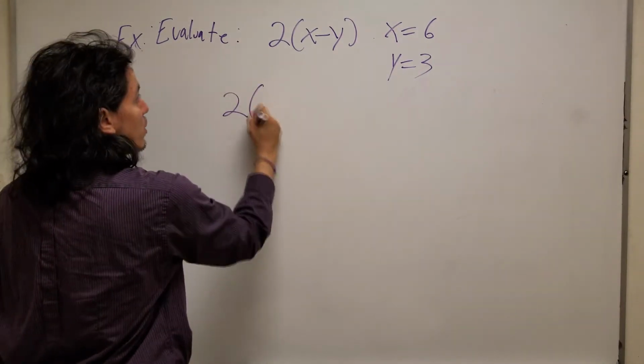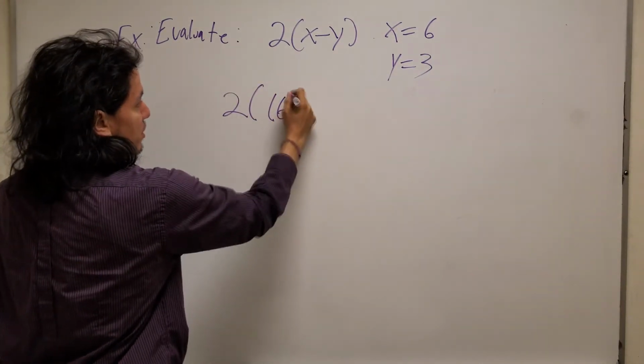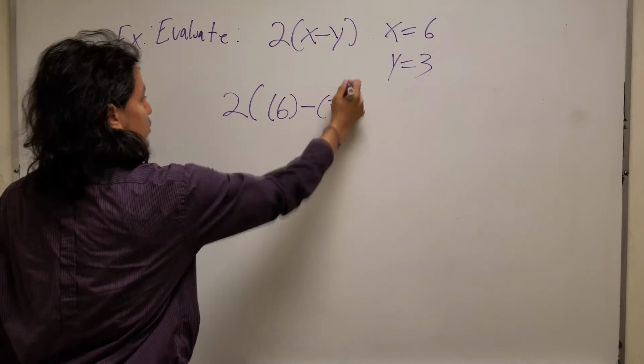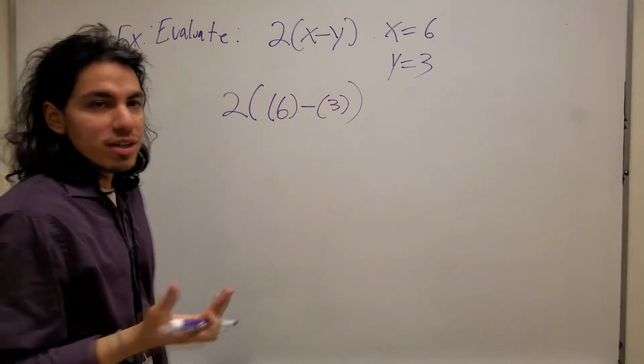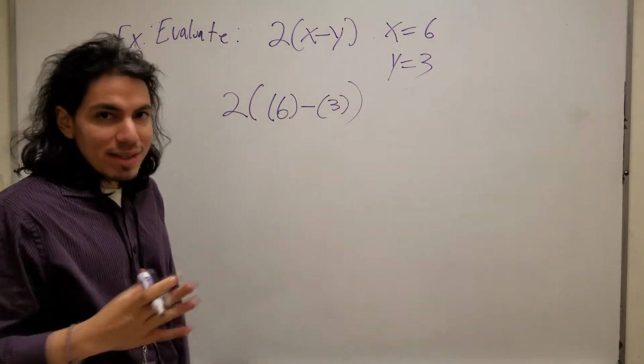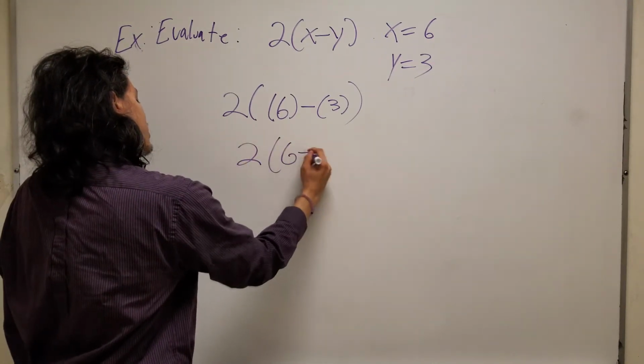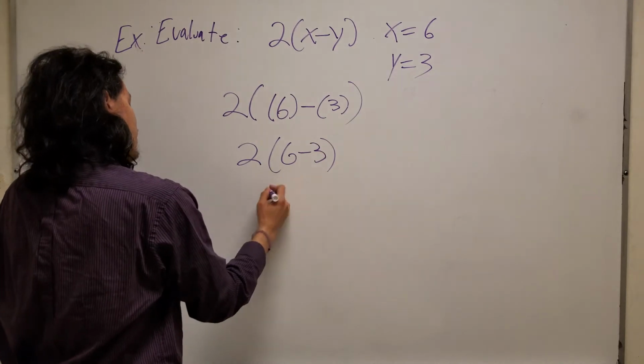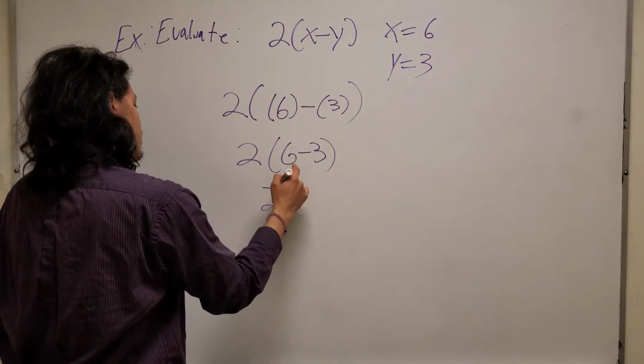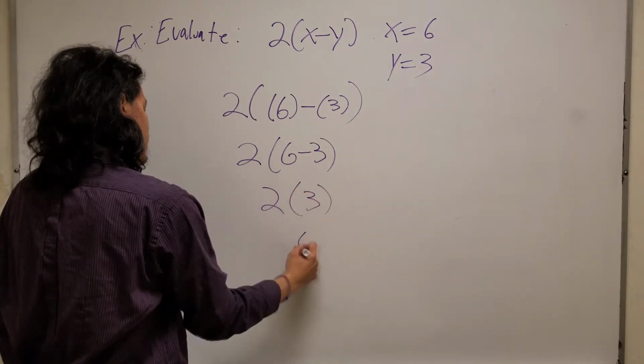So it's 2 parentheses, parentheses 6 minus parentheses 3. The reason for that is because you don't want to have a plus-minus situation like I stated before. So in reality, this is just simply 6 minus 3, and I have 2 times 3, I get 6.